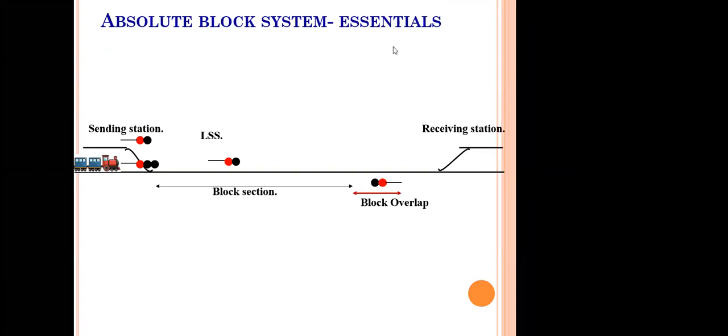Sir, is automatic block system not possible for single line? Generally, it is not adopted, even though in very few sections the automatic block signaling system is available on single line. But on Indian Railways, they are not much popular because of safety reasons. We are not using it.